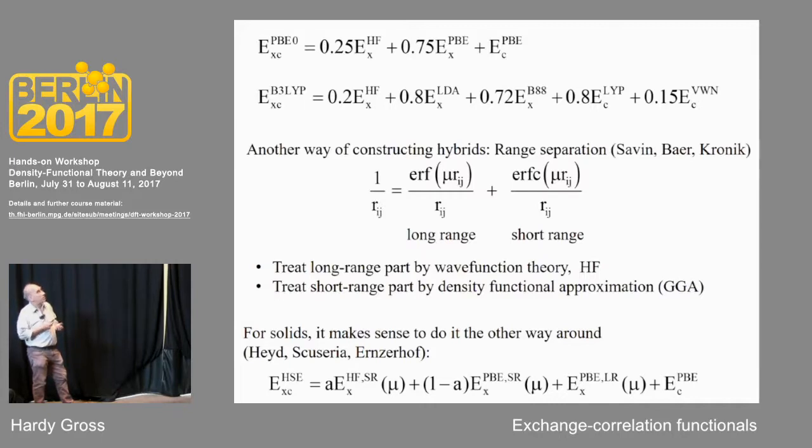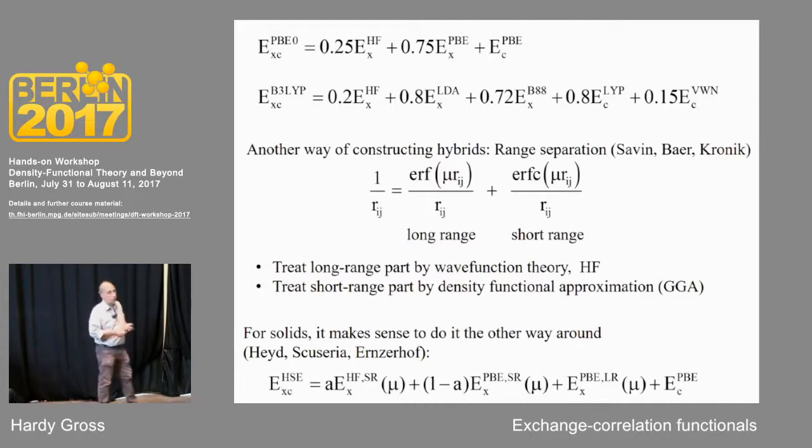Another way, a systematic way in a sense of constructing hybrids, is the so-called range separation, which is an idea that goes back to Savin and was further developed by Roi Baer and Neuhauser, and Kronik recently, where you write the full Coulomb interaction in this way with the error function and the complementary error function. So you split the full Coulomb interaction in a short-range part and a long-range part.